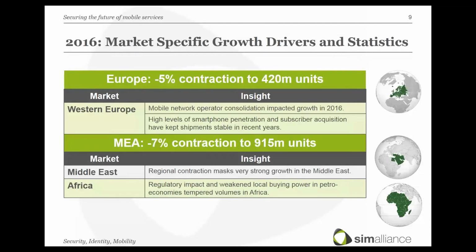So it might not be 100% accurate if you say Middle East has -7 and all the other regions are doing the same. It's a fairly heterogeneous situation there. But 950 million units are still a very big number, and I think we have a very positive momentum there to be expected as soon as things are calming down there.